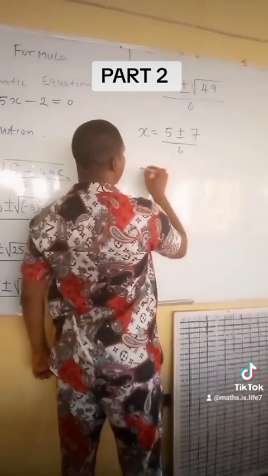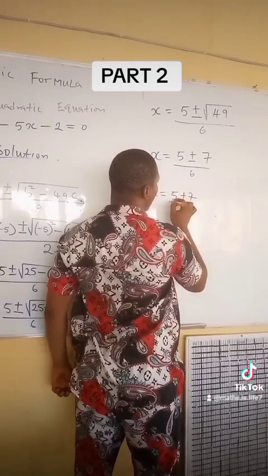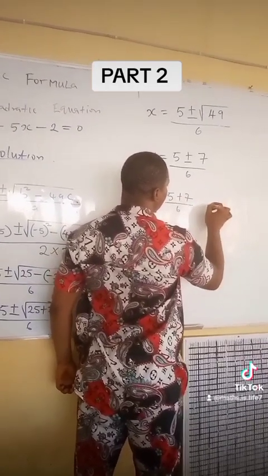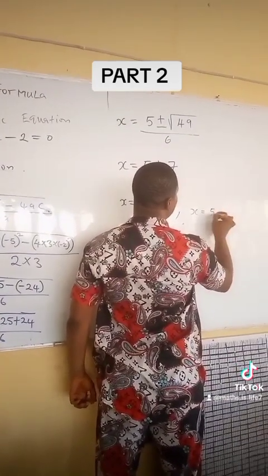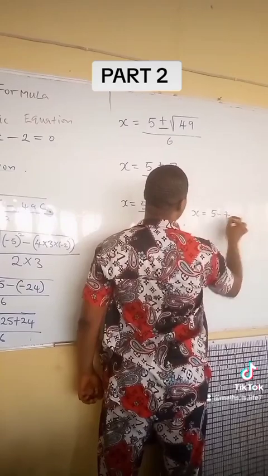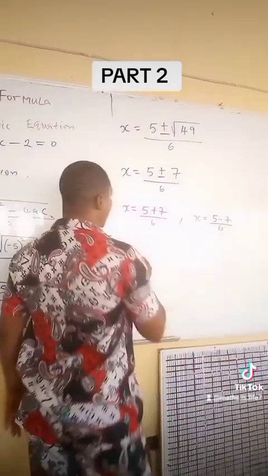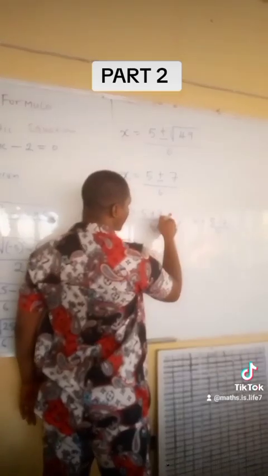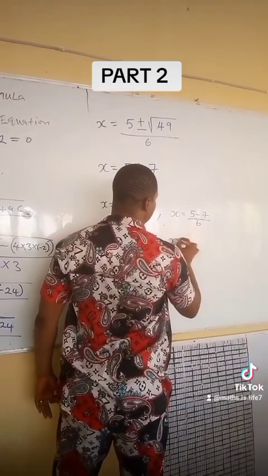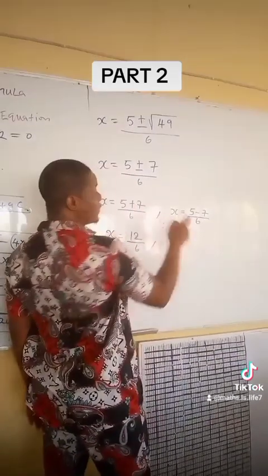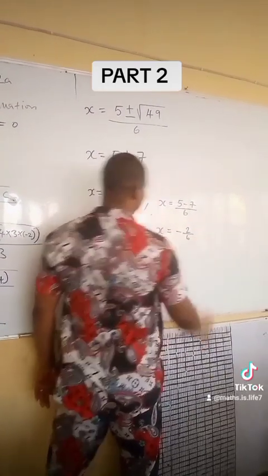So I'll come here to say x is equal to 5 plus 7 all over 6, comma. I can come here again to say x is equal to 5, the minus sign now will take its own function, minus 7 all over 6. So let's conclude now. x is equal to 5 plus 7 is 12 all over 6, comma, x is equal to, you must be very careful, 5 minus 7 is minus 2 all over 6.